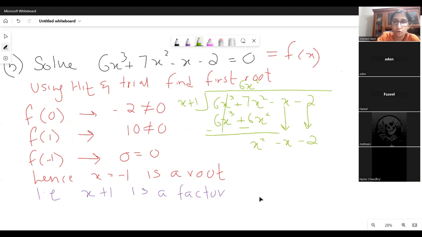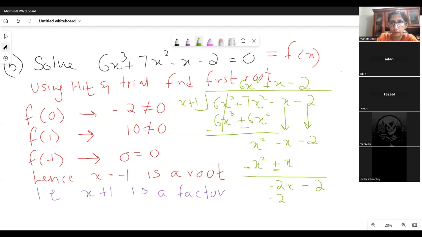The second expression at the top is going to be plus x. x times x is x squared, plus 1 times x is x. Change the signs. Minus, minus, minus 2x minus 2, meaning the next expression in the quotient is going to be minus 2.